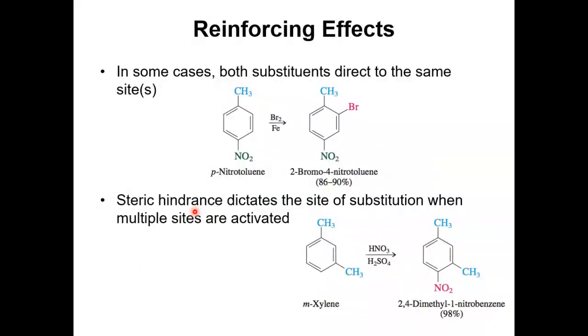And also, in some cases, it's also relatively simple. Although you have two substituents on the ring, both substituents prefer the same site. Like in this case, you have two substituents. One is a methyl, one is a nitrile group. And the methyl group, I hope now you know what kind of directing group it is? Ortho/para, good, okay?